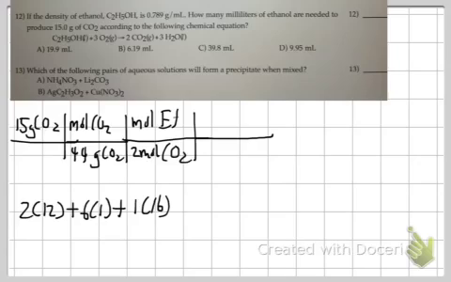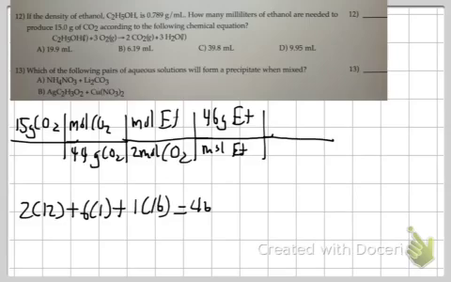24 plus 6 is 30. So that is 46. So 46 grams ethanol per mole ethanol. And then the last part, this is milliliter to 0.789 grams.